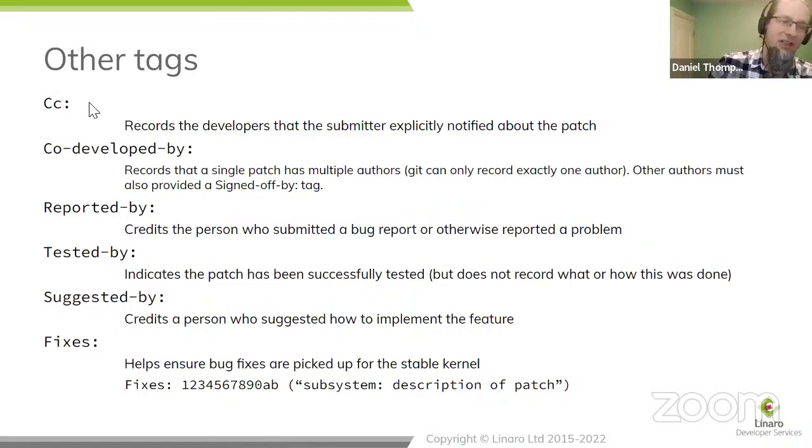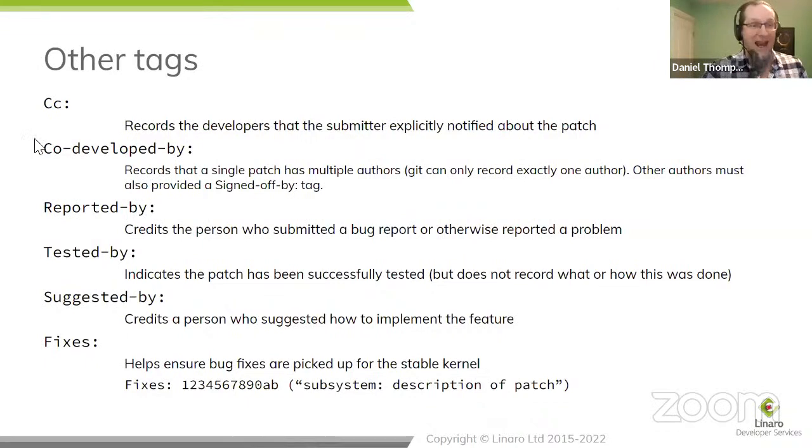By recording the CC, a maintainer can figure out that somebody has been CC'd, that they haven't responded, and they can treat that as a kind of implicit ACK. So particularly when you're working on lots and lots of files, not all the maintainers will necessarily respond. But if you have no objections and you've CC'd appropriate people, other maintainers will treat their silence a bit like an acked by and assume that it's permission.